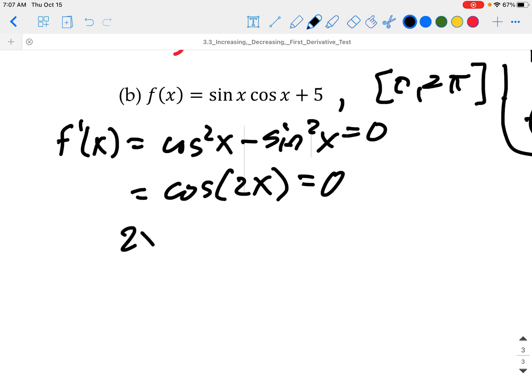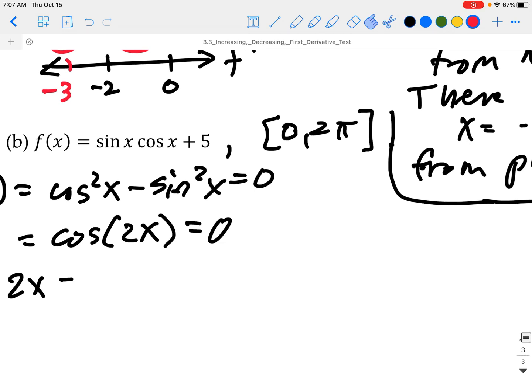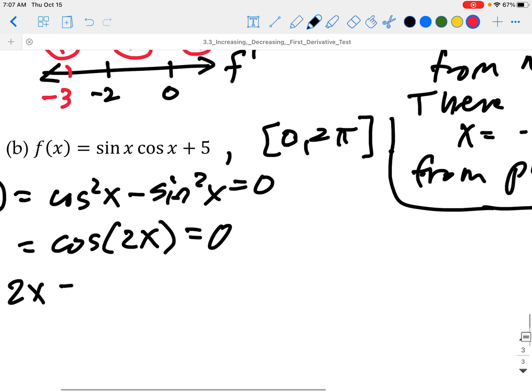And so that means that 2x is going to equal all of the values that are going to give us cosine of 0. And note, since it's 2x, and my chosen interval was 0 to 2 pi, we can just make a note here that for 2x, we're going to consider all solutions from 0 to 4 pi.